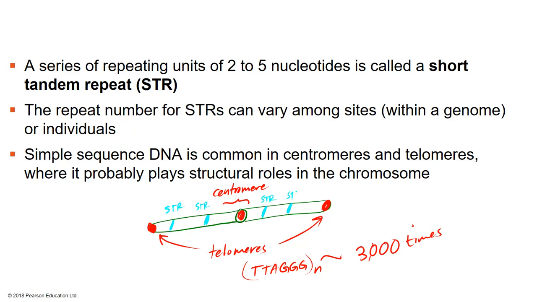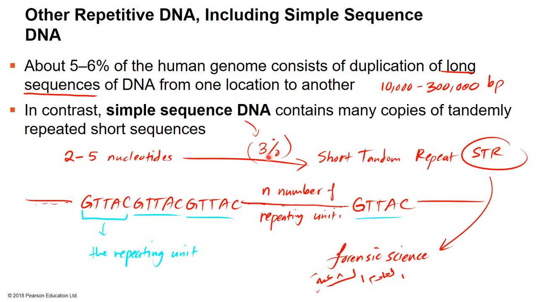And these STRs are also found in other chromosomes. So all of these, the simple repetitive DNA in the centromere, in the telomeres, in the STRs, are all part of the 3% of simple repetitive sequence DNA that is not related to transposons.